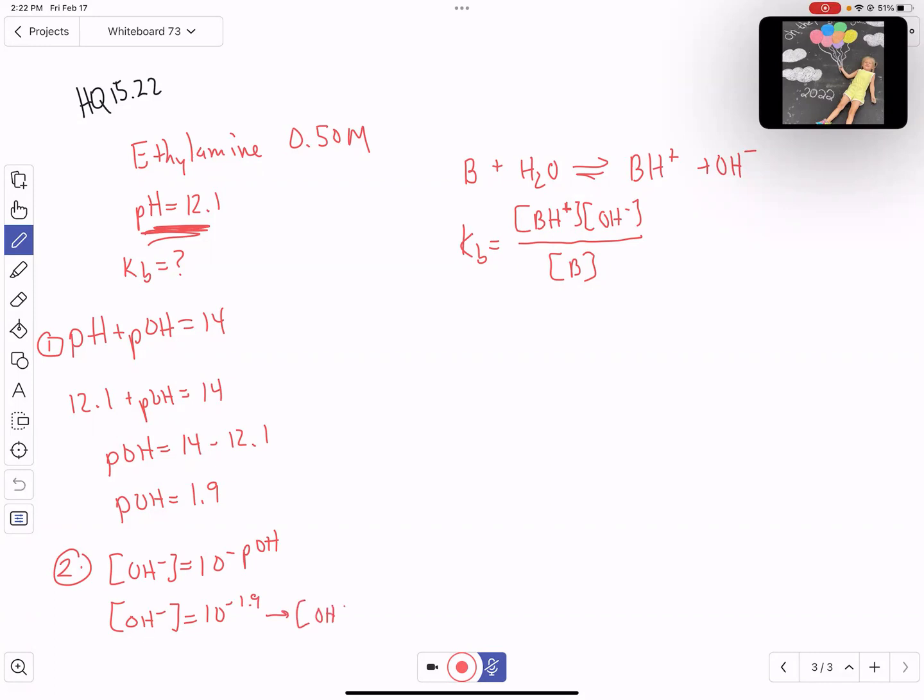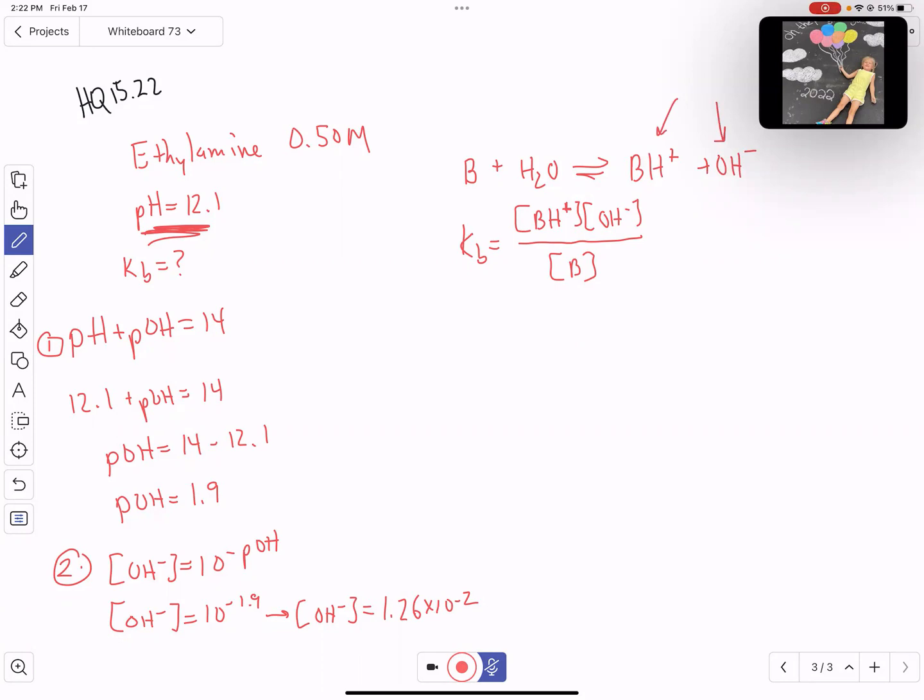All right, hydroxide concentration equals 1.26 times 10 to the minus 2. Because we found hydroxide, we also know the concentration of the conjugate acid, because again, they should be equal concentration. They're formed in the same 1-to-1 ratio.